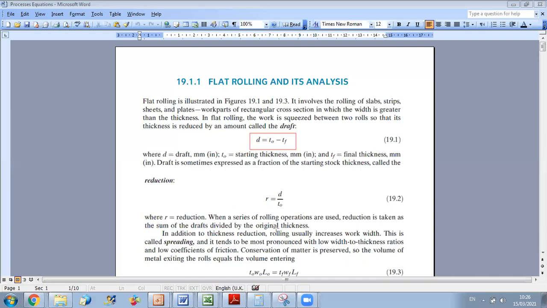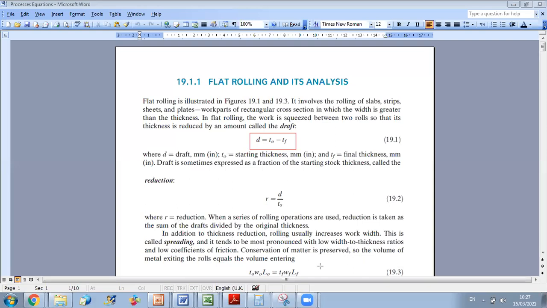In addition to thickness reduction, rolling usually increases work width because you have the thickness reduced, so the width will increase. This is called spreading, and it tends to be most pronounced with low width to thickness ratios and low coefficient of friction.